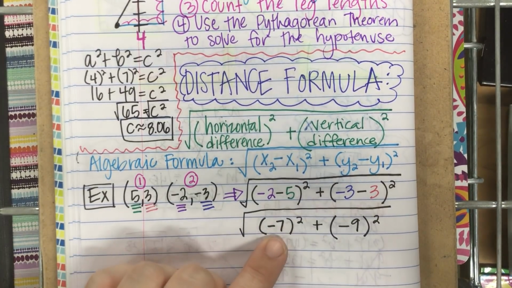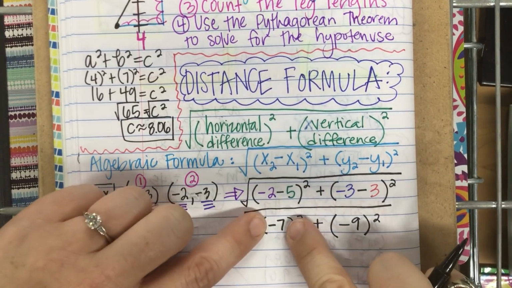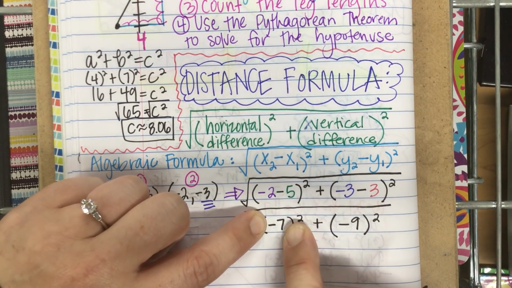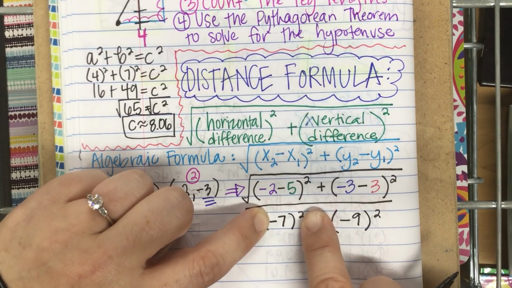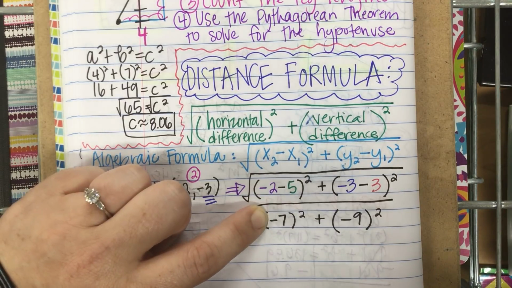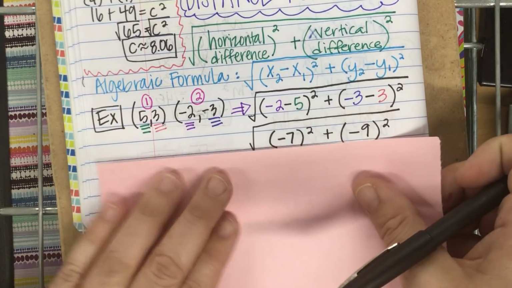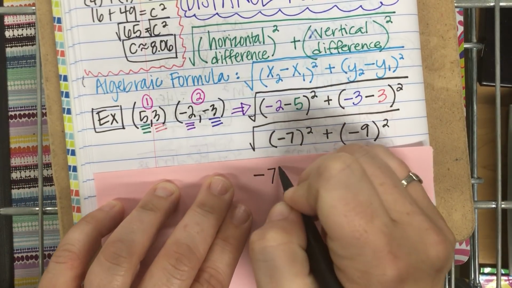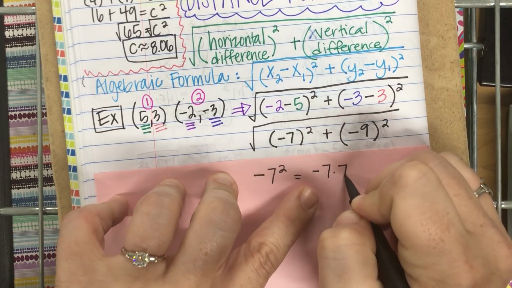If you don't put that negative 7 in parentheses, you're going to have negative 7 squared, and that's going to give you a negative value because that exponent only belongs to what it touches. This exponent is only belonging to what it touches. So if you put negative 7 squared, that really means negative 7 times 7.